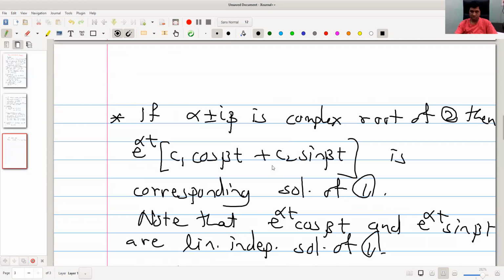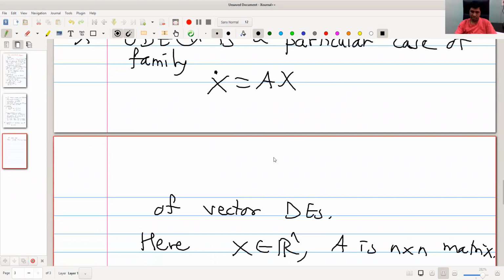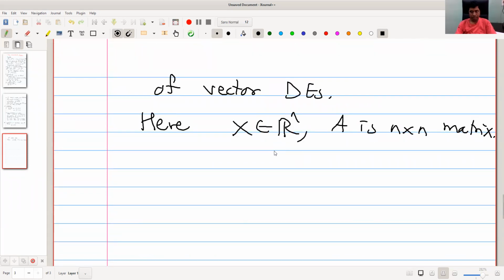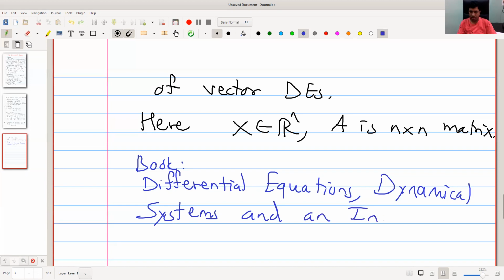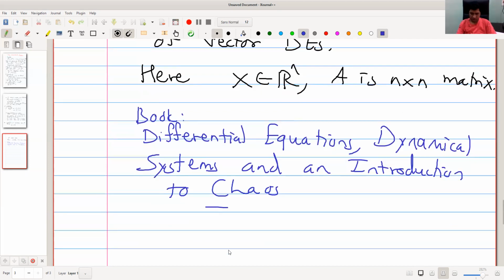And characteristic roots, as we discussed, are eigenvalues of this matrix A. There are so many interesting things which can be studied from the book Differential Equations, Dynamical Systems, and an Introduction to Chaos by Hirsch, Smale, and Devaney.